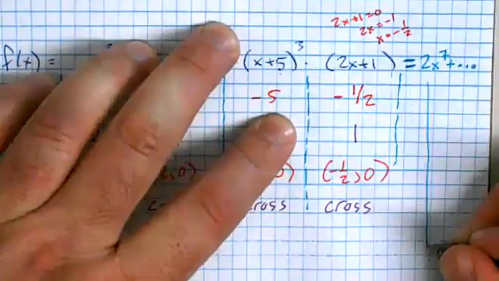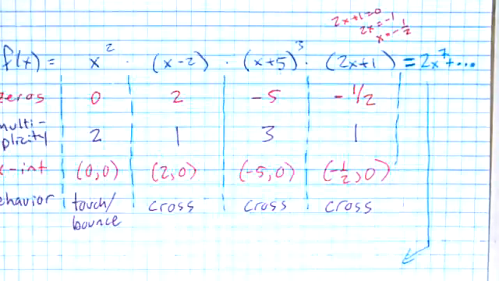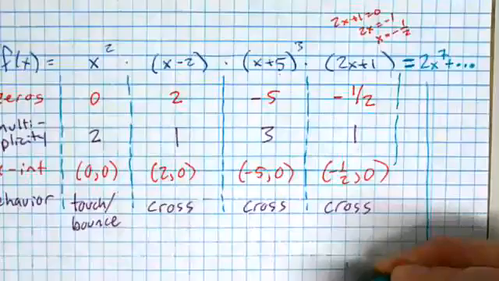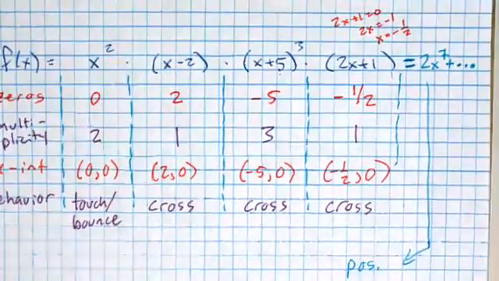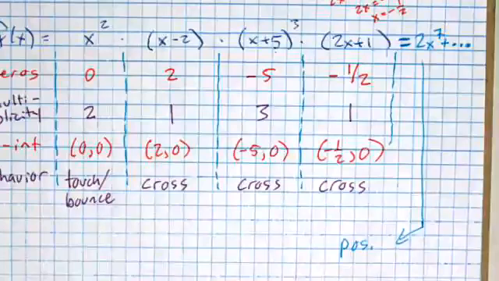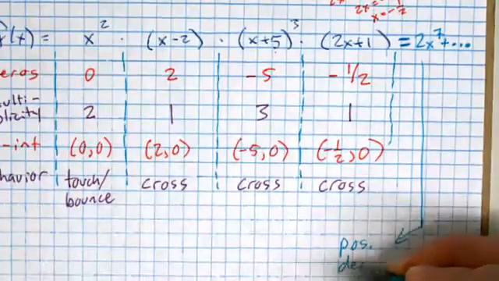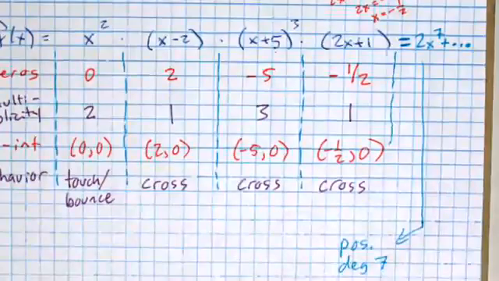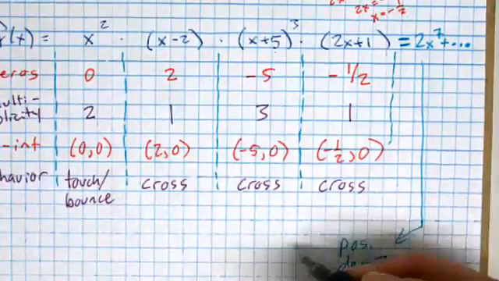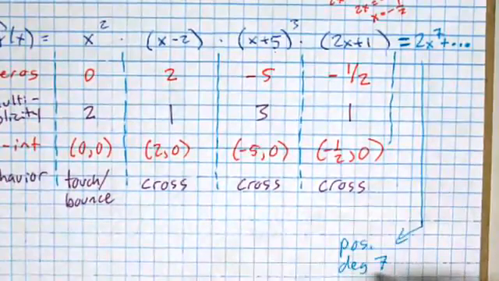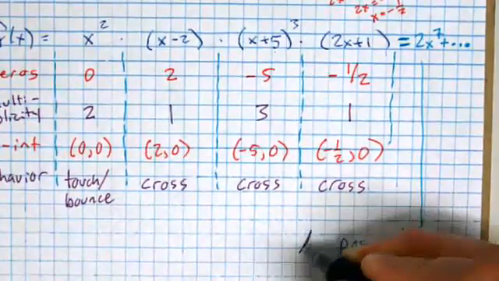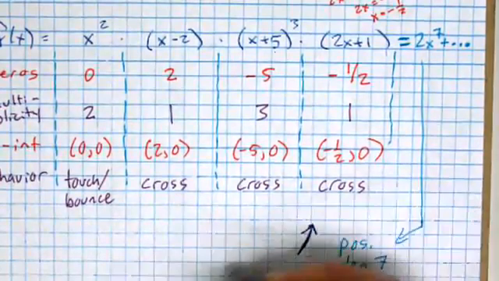That lead term is positive, and it has a degree of 7. So that's going to lead us to our end behavior. I'm going to make a little sketch of what the end behavior is going to look like. Positive odd degree, so I think we're going to be going up on the right, down on the left. Does that sound right to you guys?